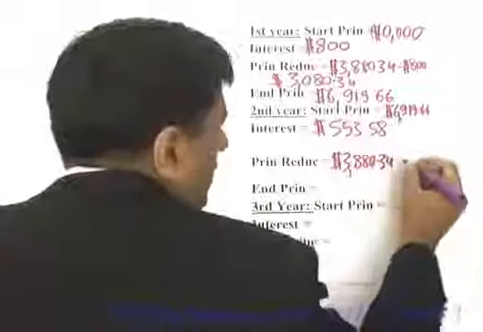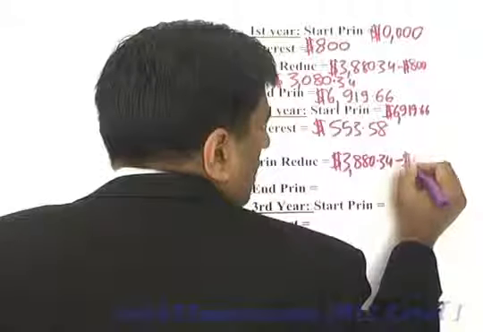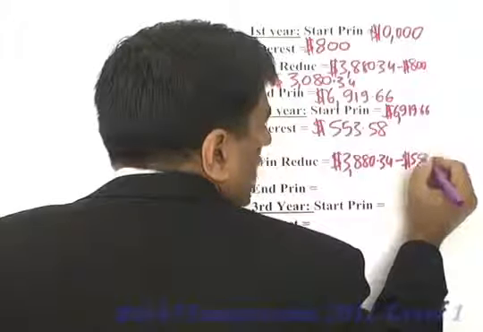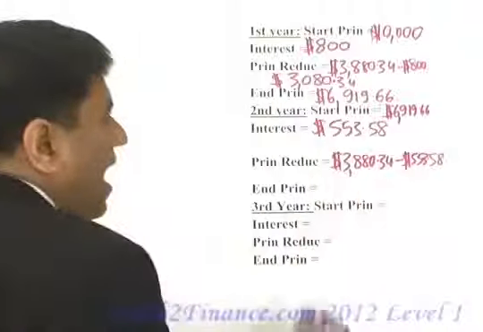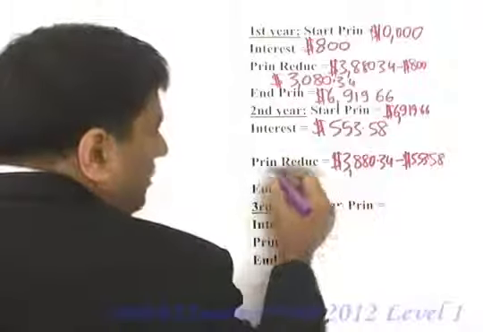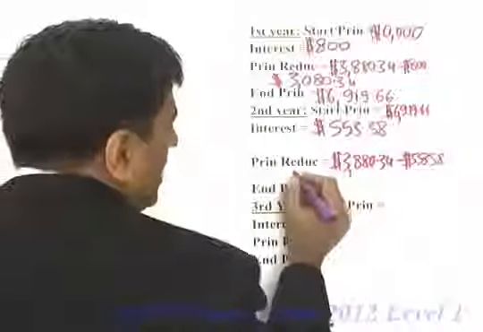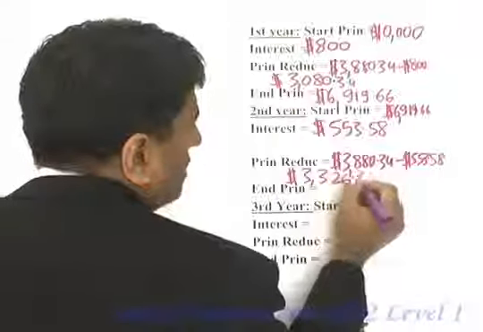So minus the interest payment would be 553.58, and that is going to be the principal reduction for the second period, and that is going to be 3,326.76.